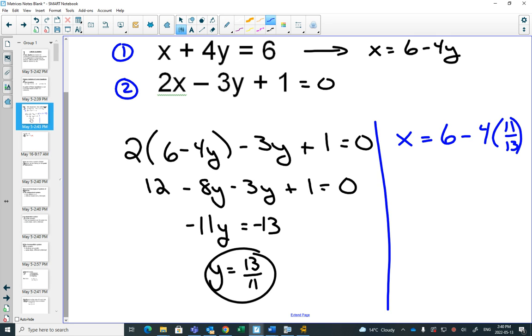Substitute 13 over 11 in for y, and you would get 66 over 11 minus 52 over 11.